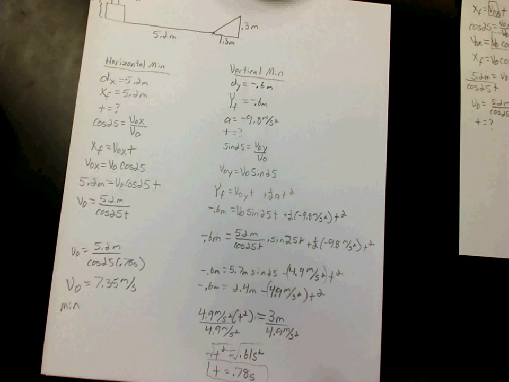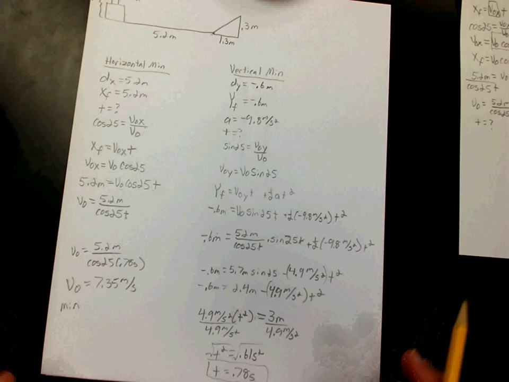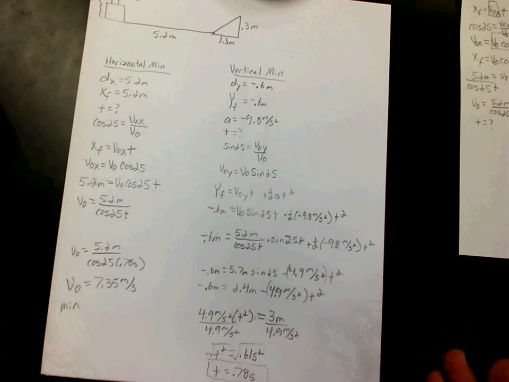Remember I said that you needed to actually find the minimum and the maximum. Hopefully by me finding the minimum gave you some idea about how to solve for the max, because you go through these same exact steps.